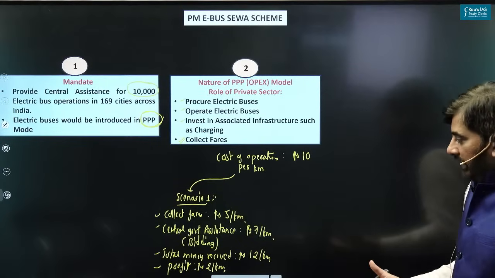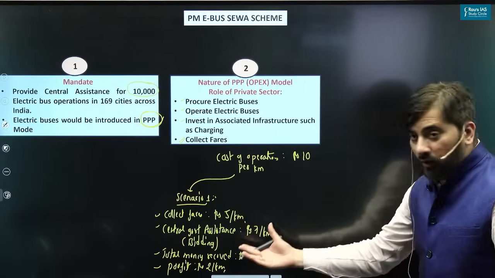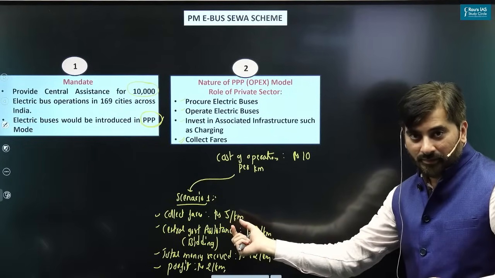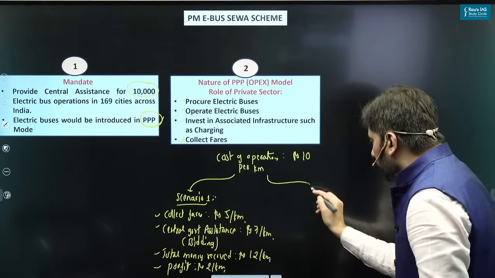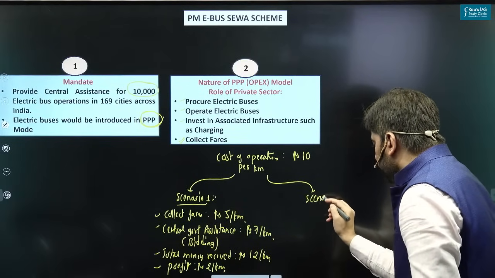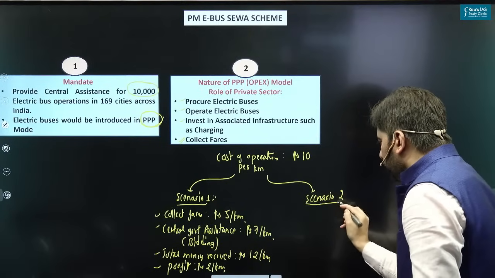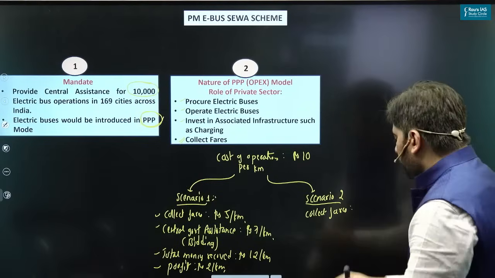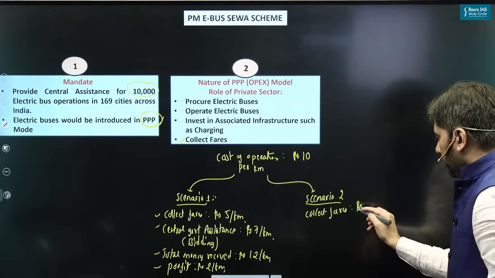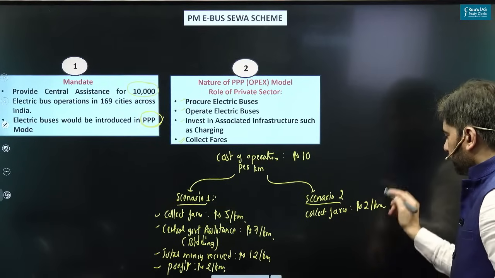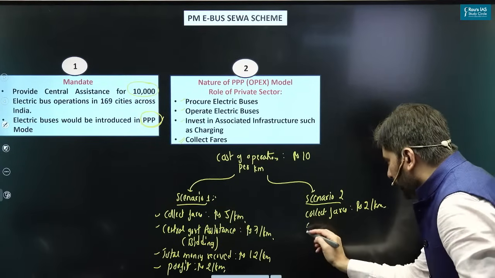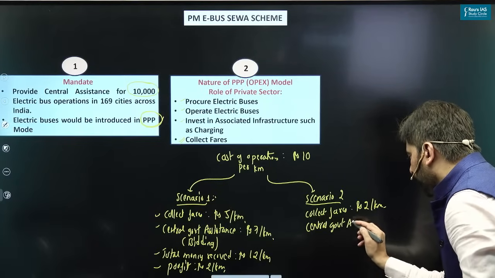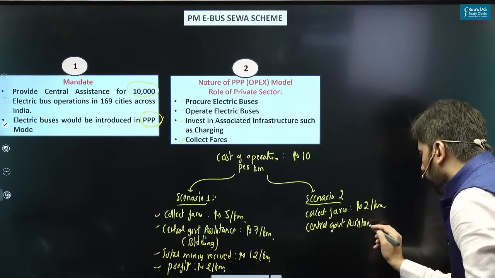But we know that it is not necessary that it will always make profit. What if the fares which it is collecting are less? Example, let's say scenario 2. In scenario 2, it is collecting fares of just rupees 2 per kilometer. Obviously, the central government will always provide assistance, and that central government assistance is always fixed. That does not change irrespective of the fares.